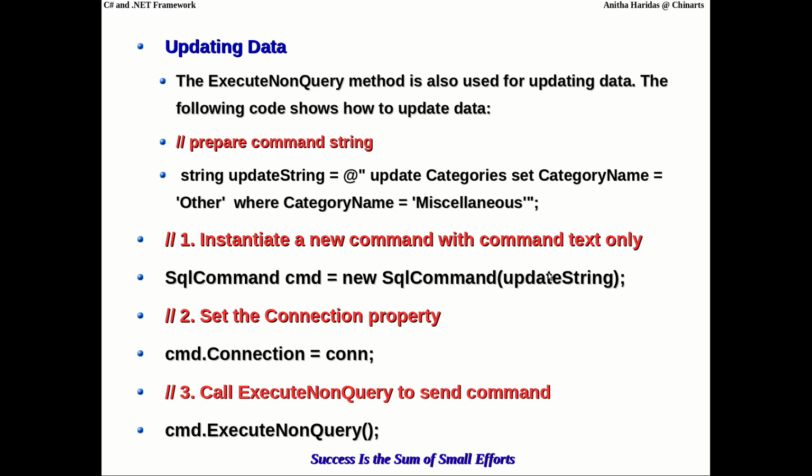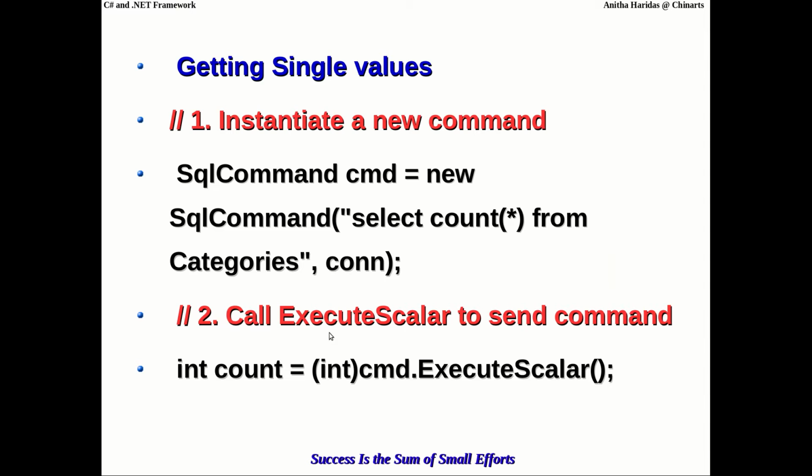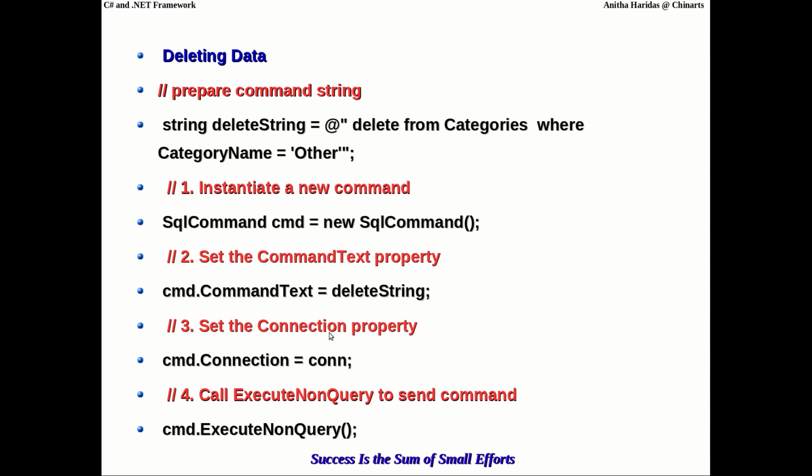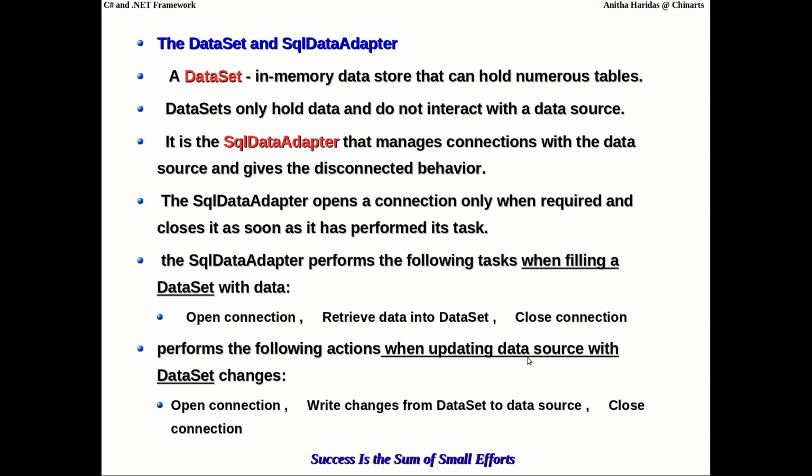In the third way, you pass only the SQL string, and the connection object is passed using the Connection property of the command object. In the fourth method, I am just creating a SQL command without any parameter, and later I change the CommandText and Connection properties by assigning the values. This is also possible.